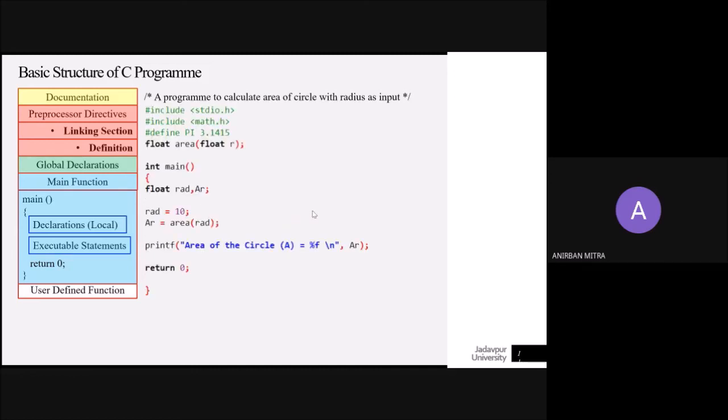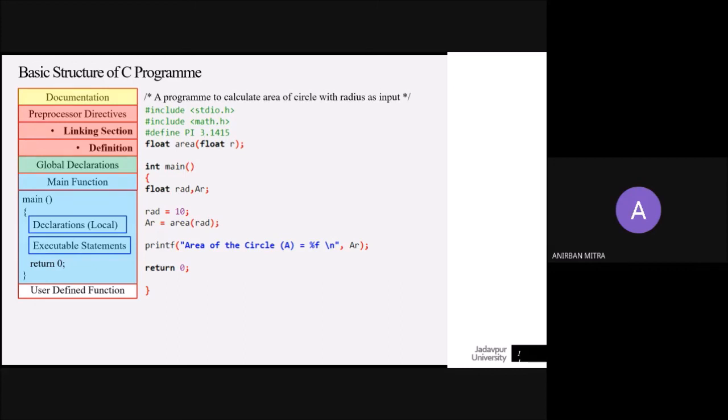Now this is another program to calculate the area of a circle with radius as input, maybe not as user input, but input within the program. So here we have used a separate function to calculate the area.